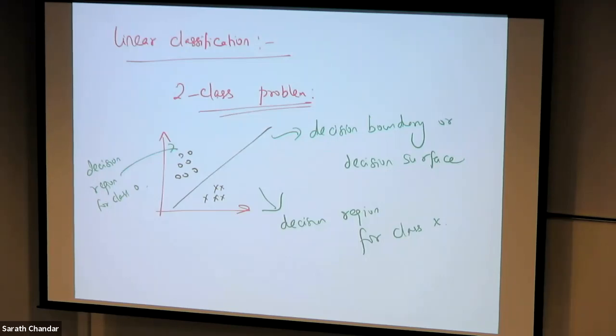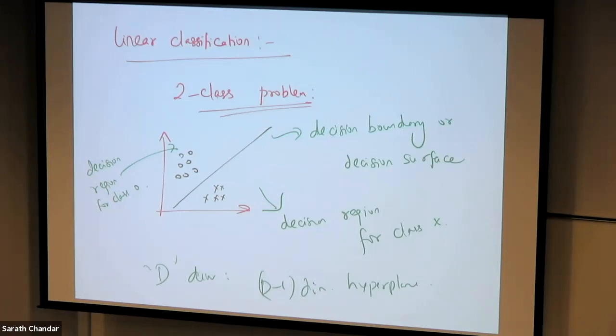Now, when I have a linear model, my decision boundary is going to be always linear. When I have two-dimensional data, my decision boundary is going to be a line. When I have d-dimensional data, my decision boundary is going to be a d minus one dimensional hyperplane. So in 1D it's a point, in 2D it's a line, in nD it's a hyperplane. I can only fit planes if I have a linear model.